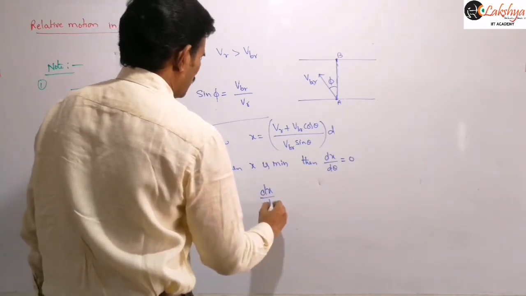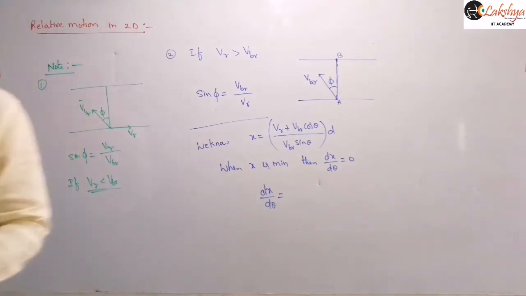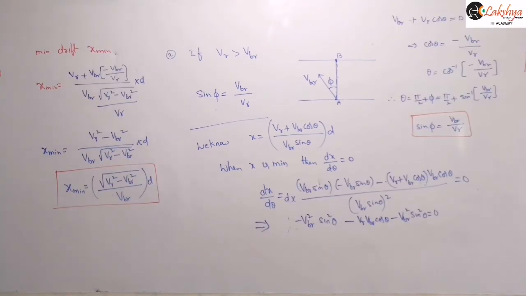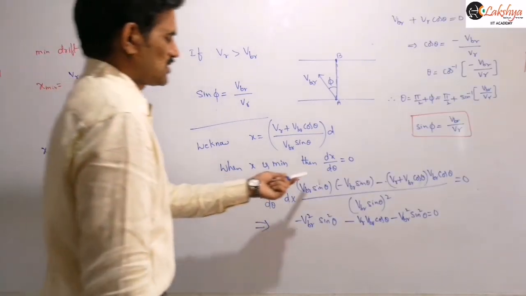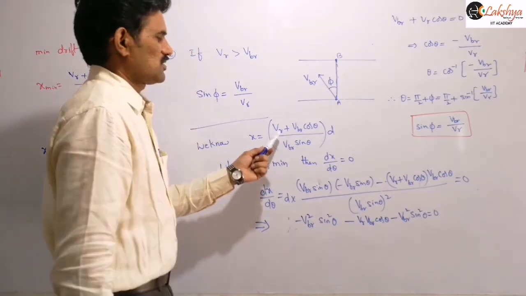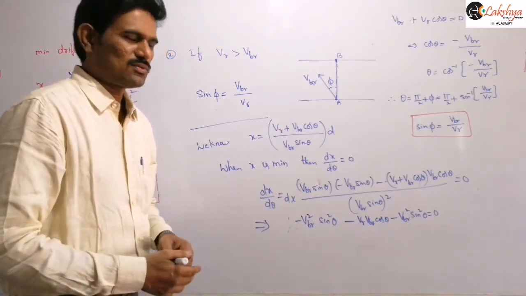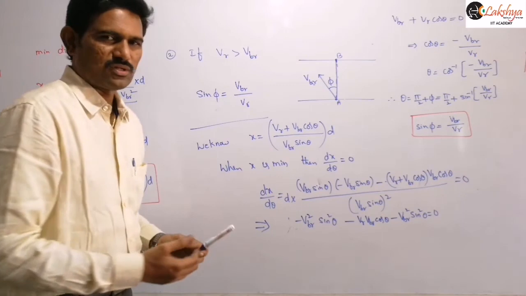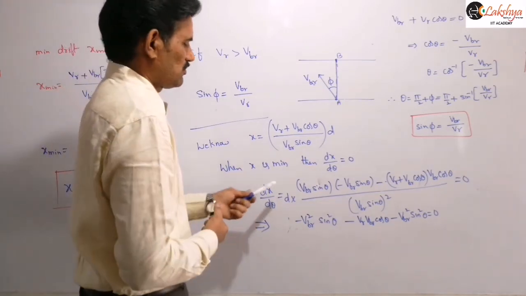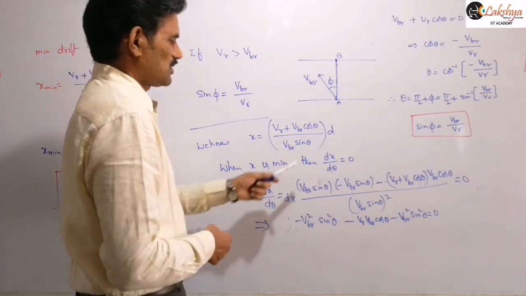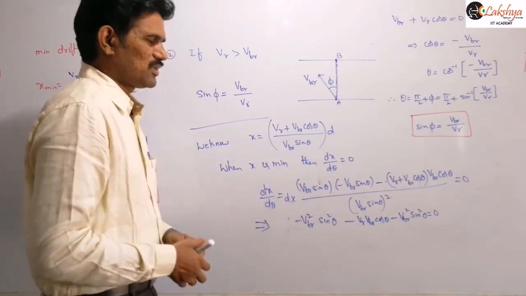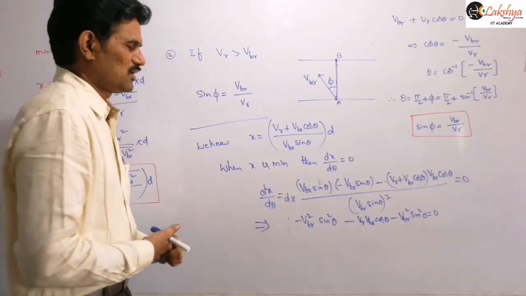So for this x value to be minimum, its differentiation should be equal to 0. So we need to differentiate this and equate to 0 to get that angle, the direction in which we should start the motion. This is nothing but the differentiation of this; you can apply the u by v formula.